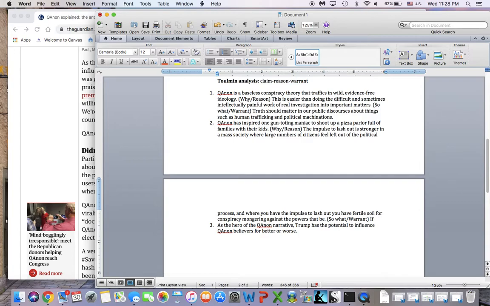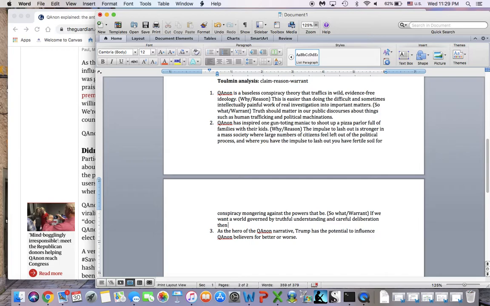I guess if we want a world governed by truthful understanding and, let's say, careful deliberation, then we cannot grab our guns and run after each baseless conspiracy theory that we hear on the internet. Again, this is a digging process. I can tell right now if I was to turn this into a full-blown essay, I'd want to change how I'm constructing these. But I'm taking a first swipe at it.